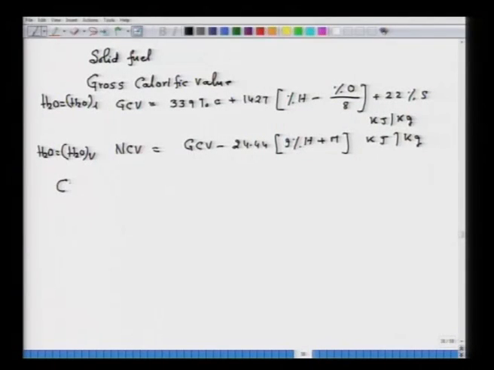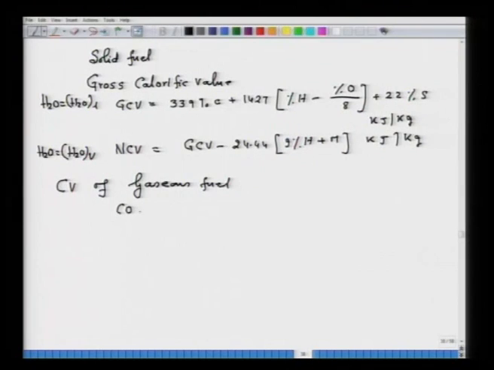So, you are requested to refer to those particular lectures. Similarly, we can determine the calorific value of gaseous fuel from various heat of formation or heat of combustion values of the products of combustion.